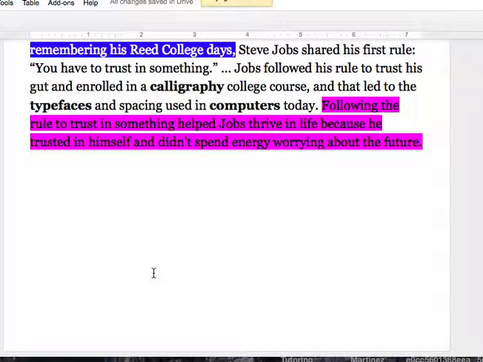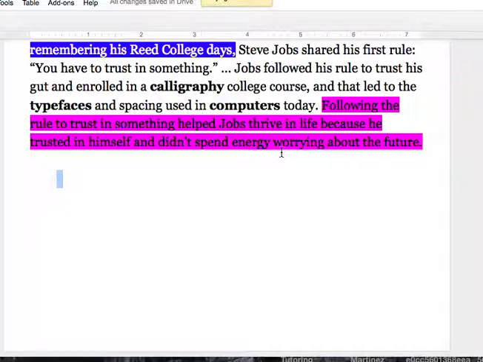Start with something to set the stage, a hook, something to capture the reader's attention. You're going to need to set the stage of what the topic is about. So in this case, we see that he said thriving or surviving is part of life.